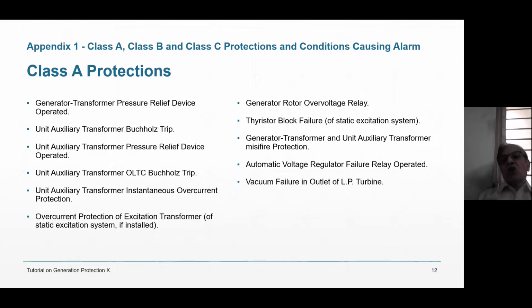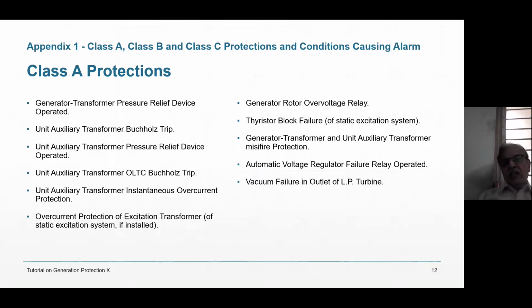Thyristor block failure of static excitation system. In the excitation system, if the thyristor block fails, then class A trip will start. Generator transformer and unit auxiliary transformer multi-fire. That means if there is a fire, because in the generator transformer there is oil and oil is inflammable.